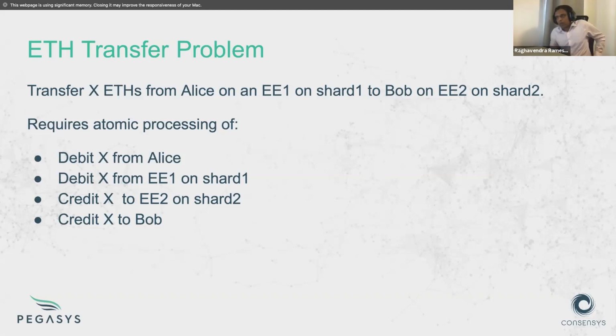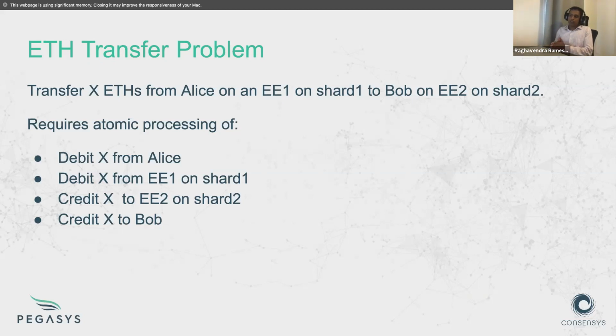As we saw in the Ethereum 1 world, transferring ETH was just one transaction. In this case, because we have different EE instances on different shards, this transfer of ETH can be split into 4 action items. Suppose we want to transfer X amount of ether from Alice to Bob. Then we need to debit X from the Alice user account, which exists on, let's say, an EE1 instance on shard 1.